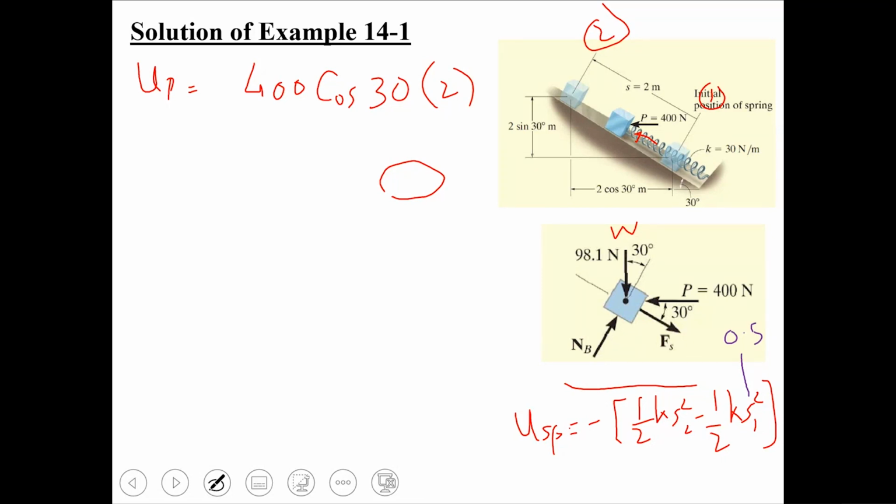Position 1 के ऊपर spring अपनी unstretched position पे कितना displace हुआ है अपनी unstretched position से. So already question में given है कि at position 1, the spring is displaced from its neutral position by 0.5 meters. So आपके पास S1 जो है वो 0.5 हो जाएगा. Is this point clear to all of you? Yes. Okay.